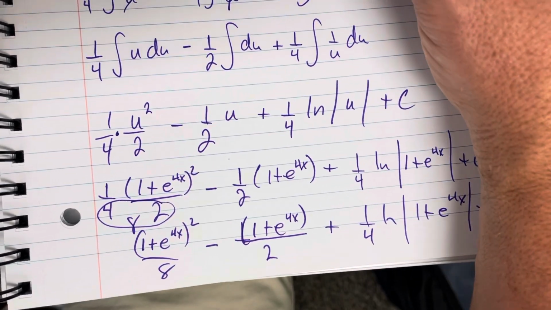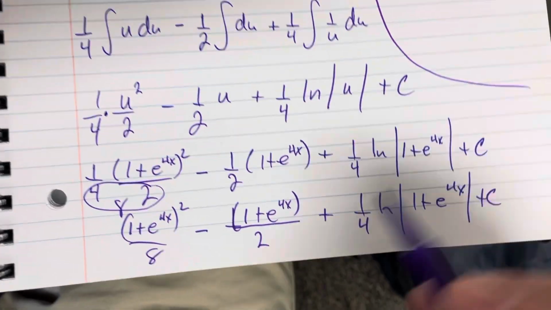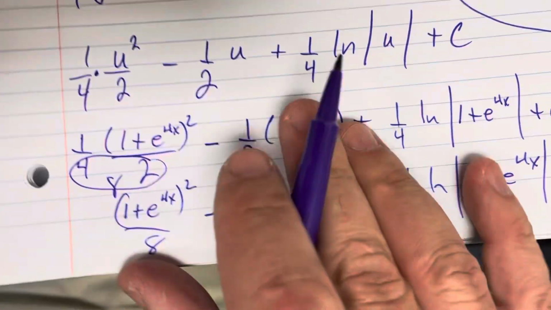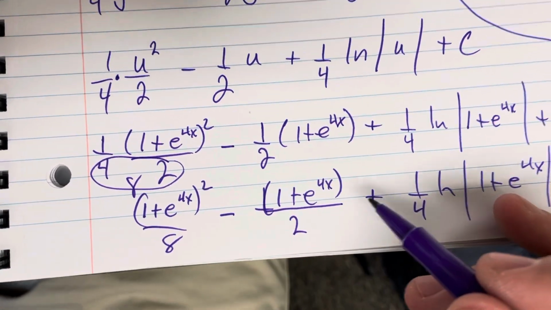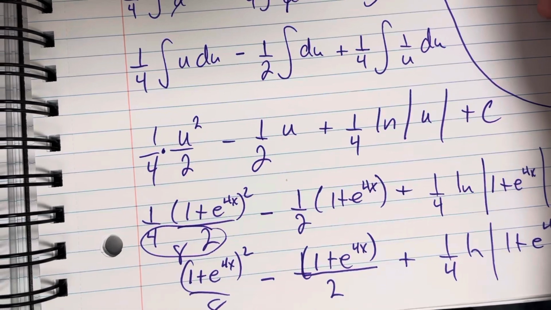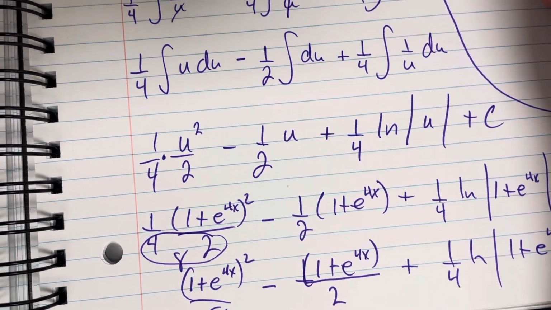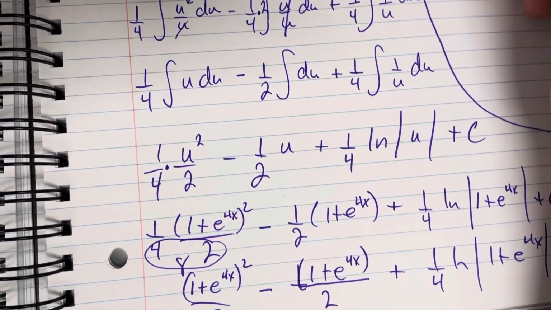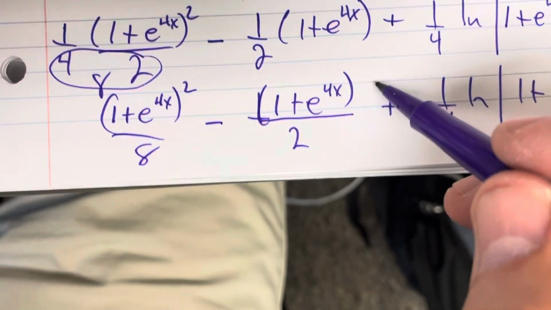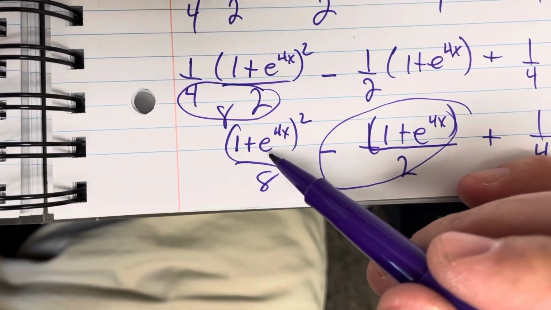Now I'm going to square this one out, and this will be minus 1/2 minus e to the 4x over 2. So I just took this part here and I wrote it there. This I have to multiply out.